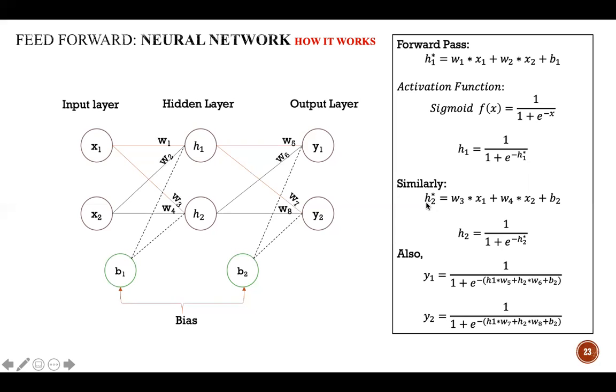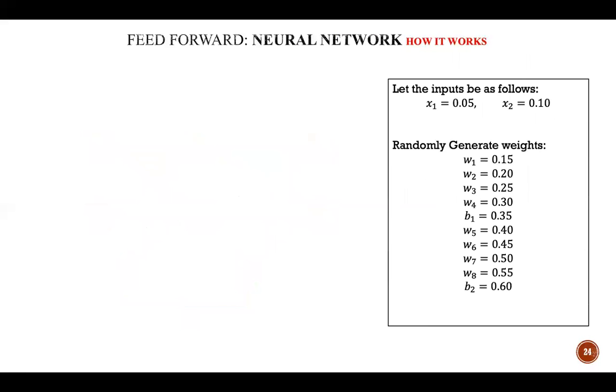And similarly, h2 will follow the same idea. And of course, y1 is the same thing here. Now here, instead of defining these separately, I just put it in one equation. Okay. So this is H1 and this is H2.